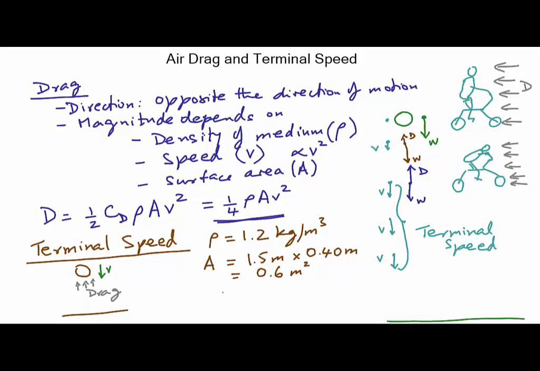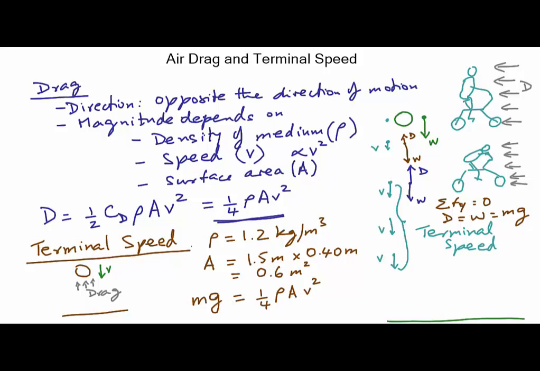We want to find the speed, and at that speed drag equals weight. So if I do the sum of Fy equals 0 as a condition for terminal speed, so that I've reached equilibrium, drag equals weight, and weight equals mg. So I can write this equation as, instead of drag, mass times the acceleration due to gravity, which is the weight, equals 1/4 rho A v squared.